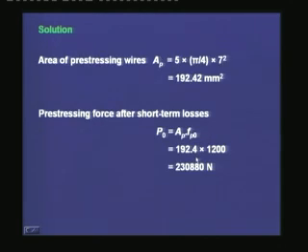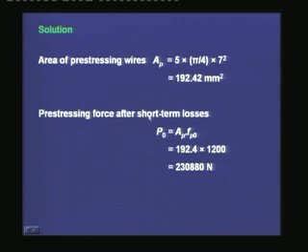The total area of pre-stressing steel is equal to 5 times the area of each wire. The area of each wire is given as pi by 4 times the diameter square, and thus the total area of the pre-stressing steel is 192.42 millimeter square.